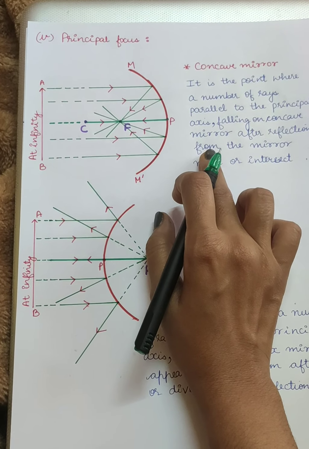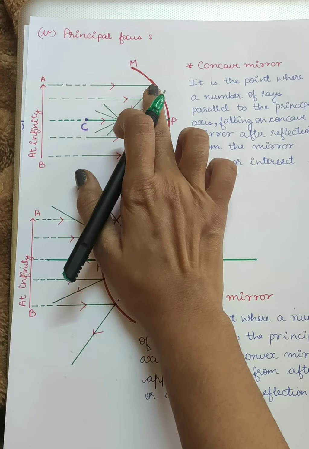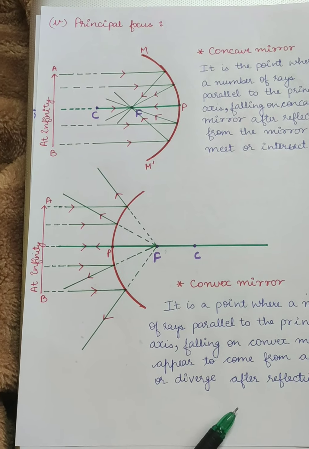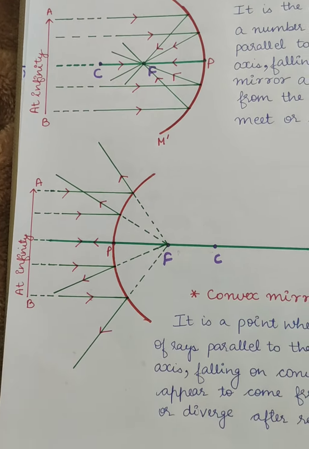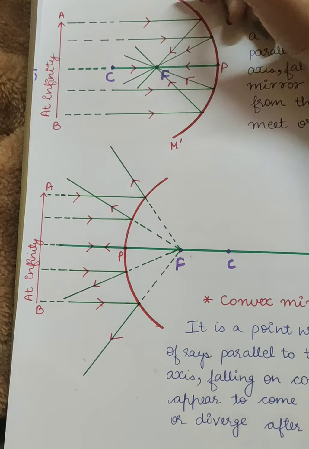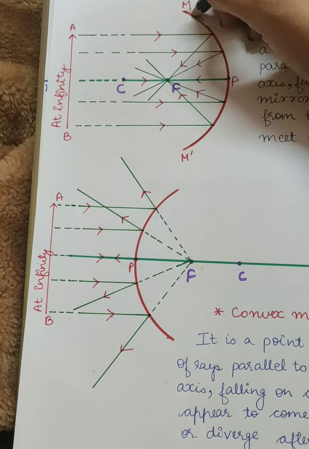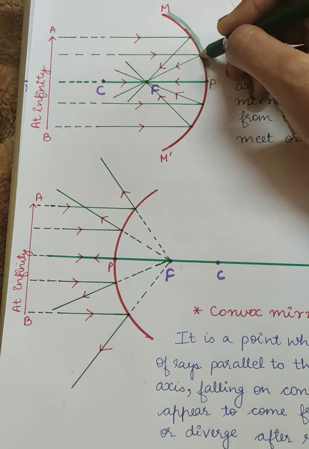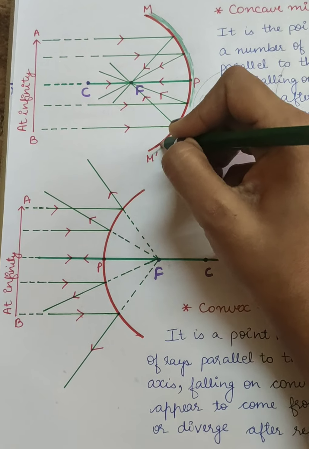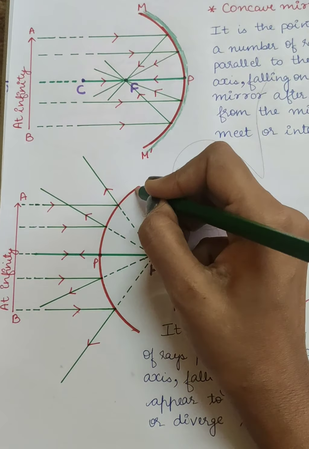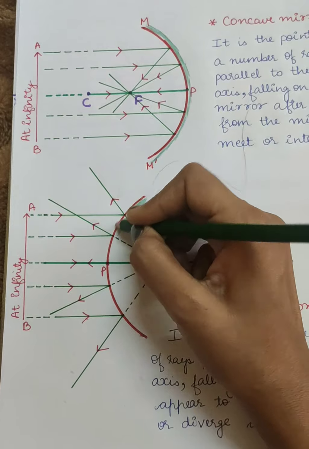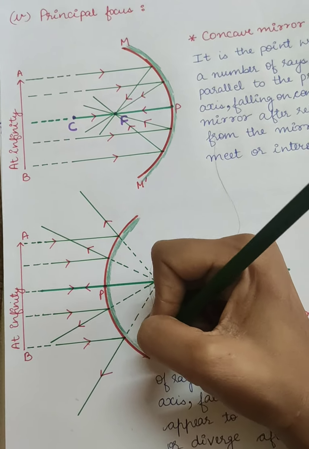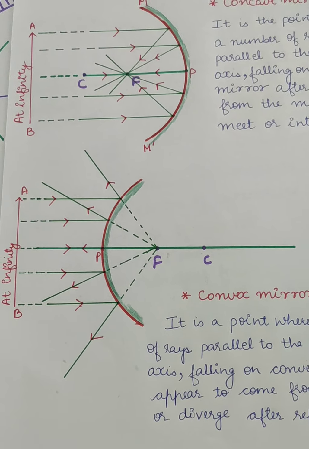In case of a concave mirror, these rays, after reflecting from the reflecting surface, now again I want to tell you, since this is my reflecting surface, this will be my polished surface here. And this will be my polished surface here. Okay.